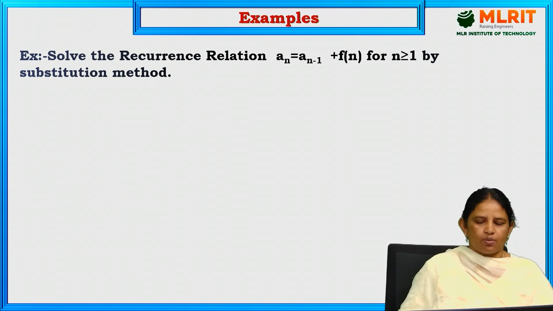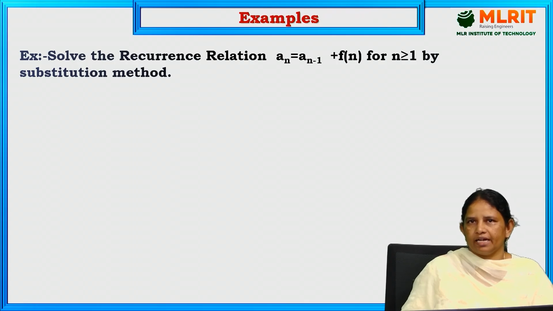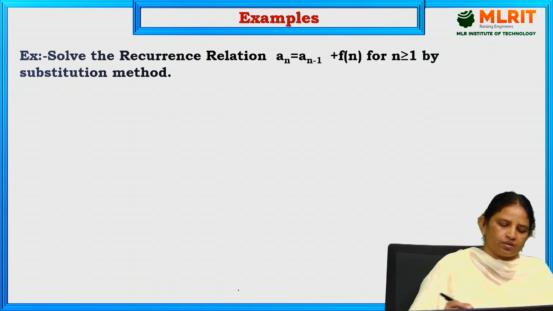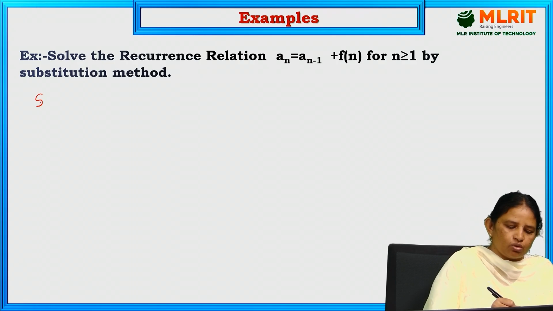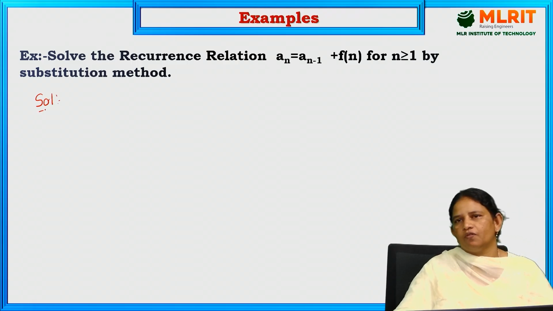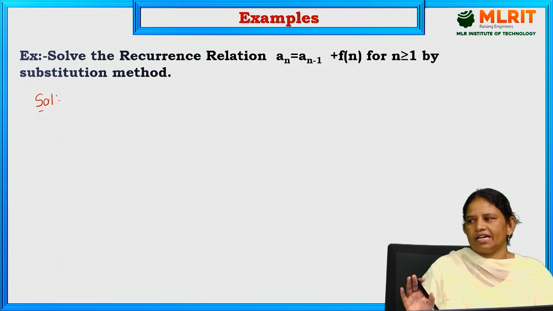Consider the next example. Solve the recurrence relation a_n equal to a_(n-1) plus f of n for n greater than or equal to 1 using the substitution method. There is no initial condition, but we need to find the formula for the nth term in summarized form.